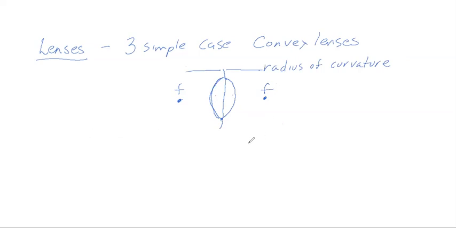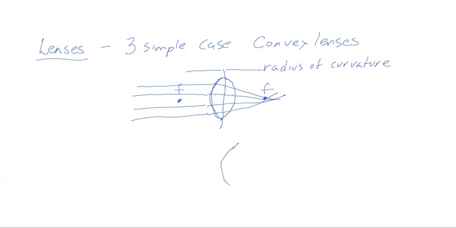All right. And so how does this work? So we have incoming light rays. When they strike the surface, they bend towards the normal, and they all converge at the focal point here, if they're all incoming parallel.